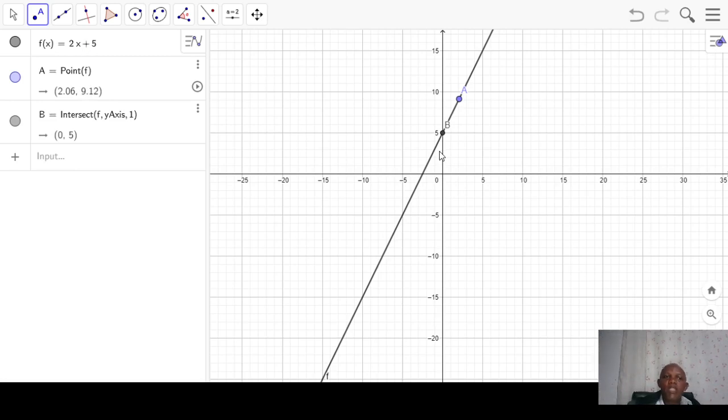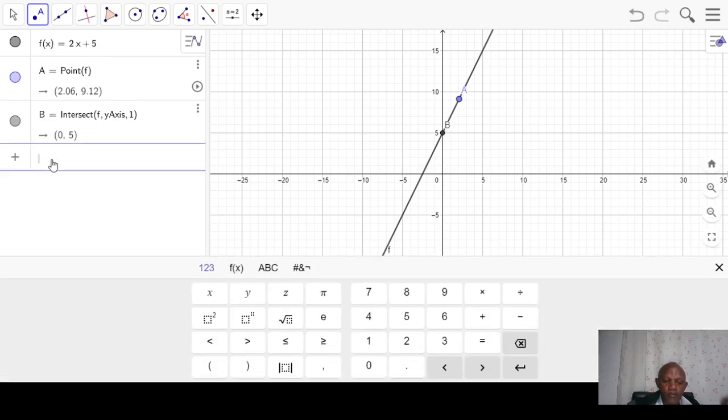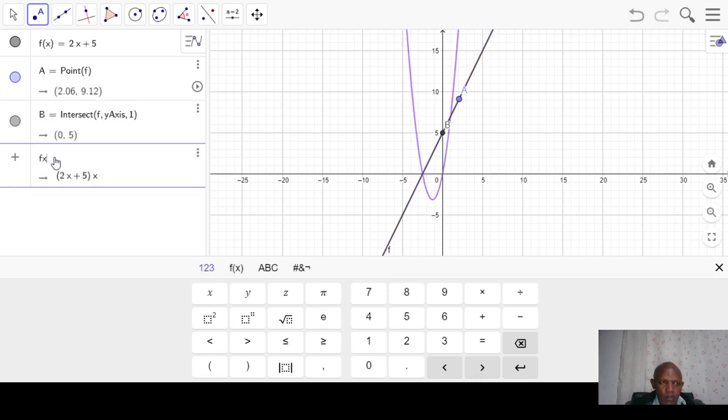Suppose I wanted to see the impact of changing the value of the constant. Let me add another value to f of x equals 2x plus 10.